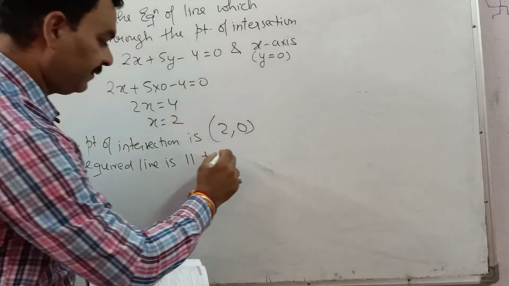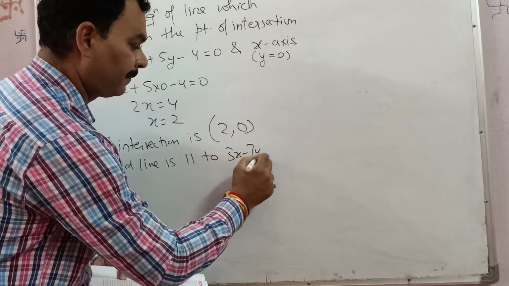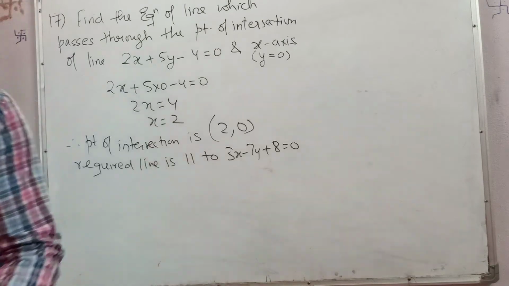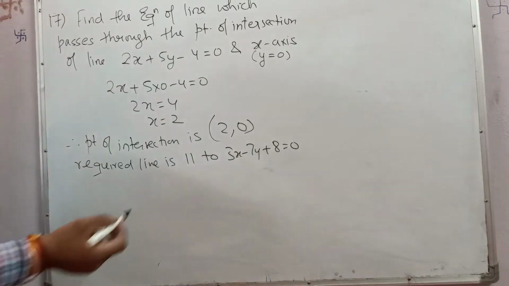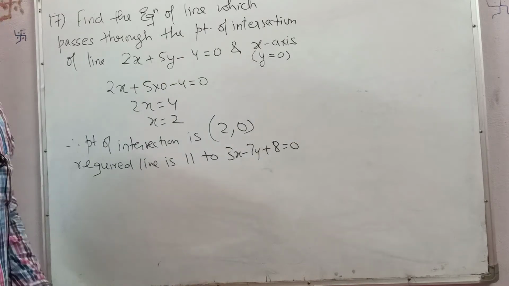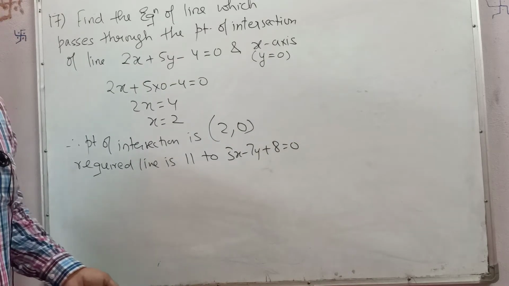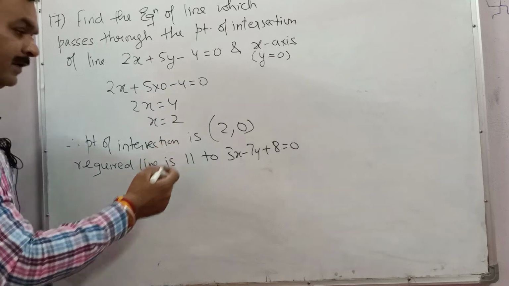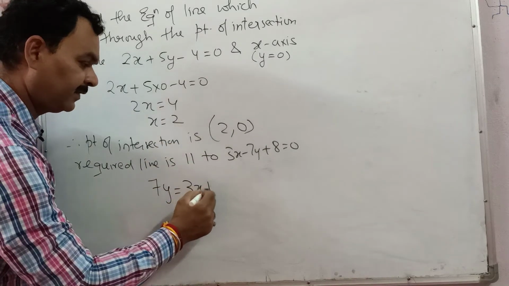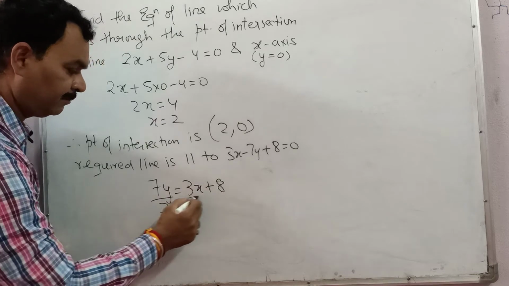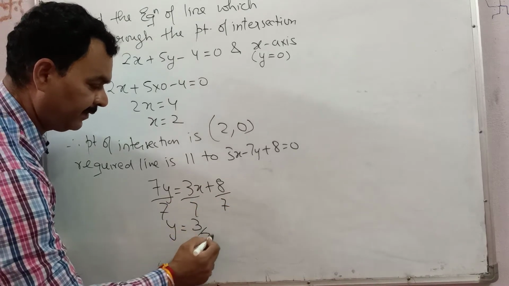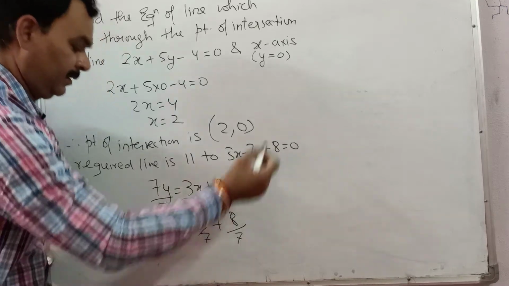3x minus 7y plus 8 is equal to 0. So we will find out the slope of this line, and as we all know that the slopes of parallel lines are the same, so we will be using those. 7y is equal to 3x plus 8, dividing each term by 7, y is equal to 3 by 7 x plus 8 by 7.